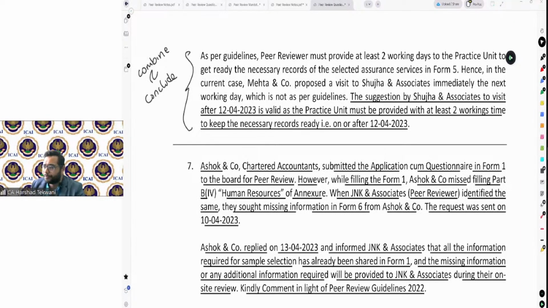Come on, guys. What is the provision that talks about the additional information?